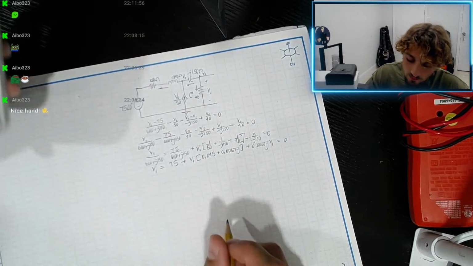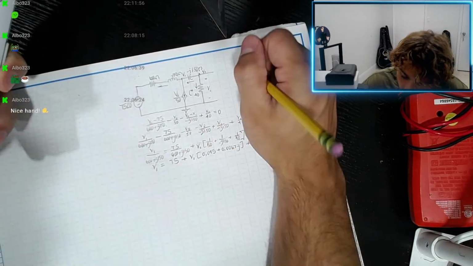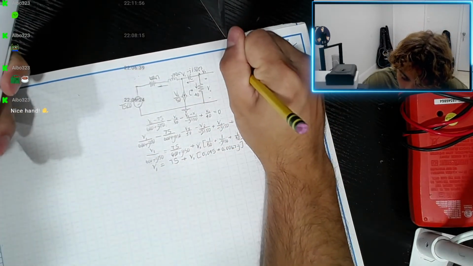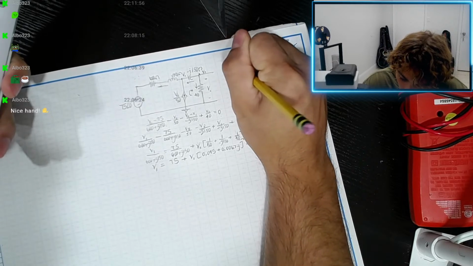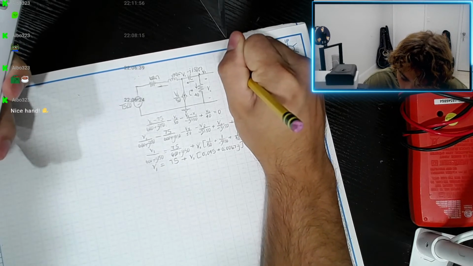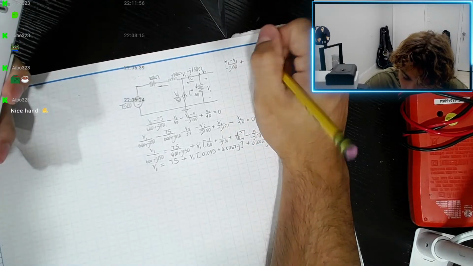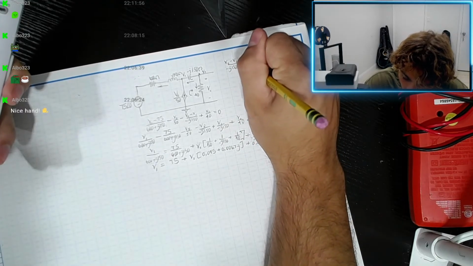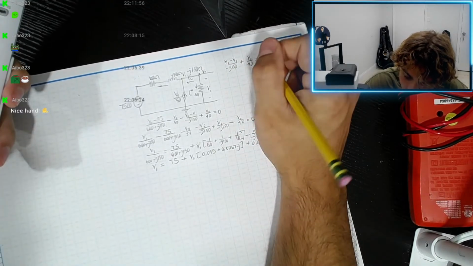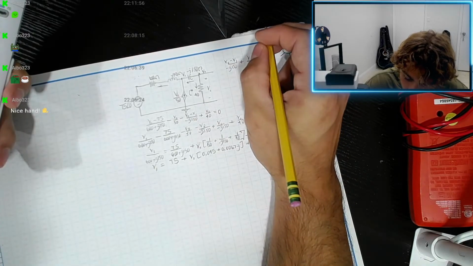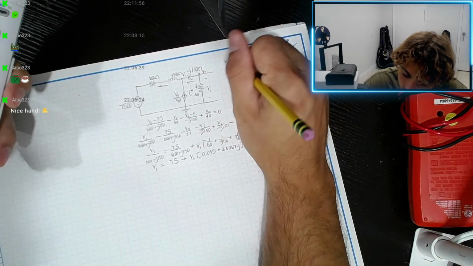Okay, that's it. Looking at this one now: V out minus V1 divided by negative J150 plus V out divided by 40 equals 0. So let's solve for V1.